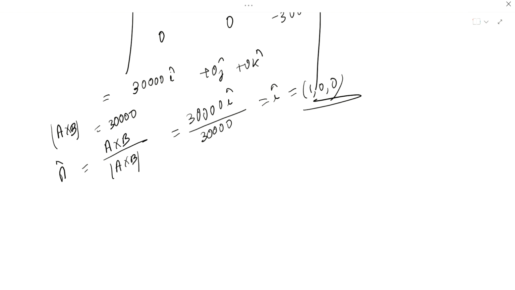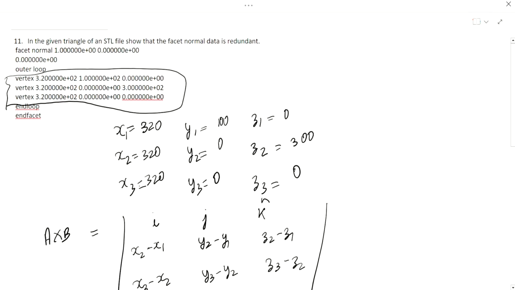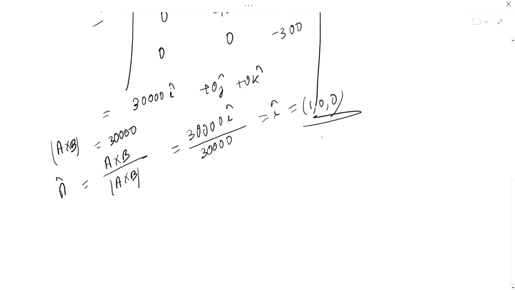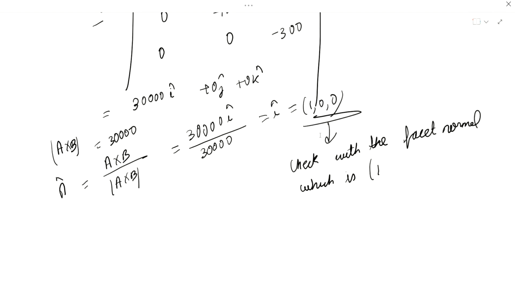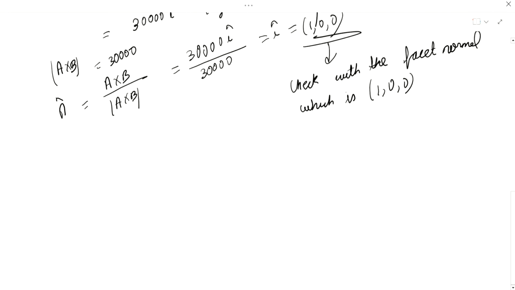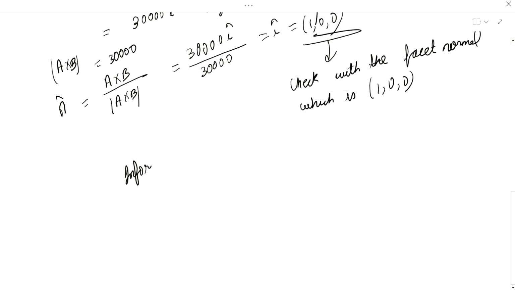Now we will compare this with the facet normal. Here also it is 100. So upon checking the vertex with the facet normal, which is 100 as given in the question, the information is redundant here.